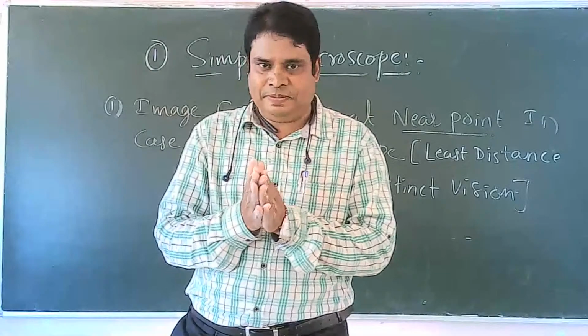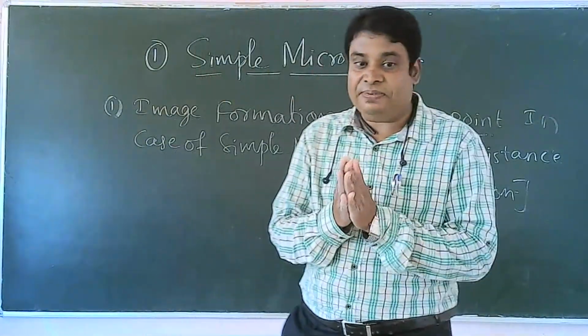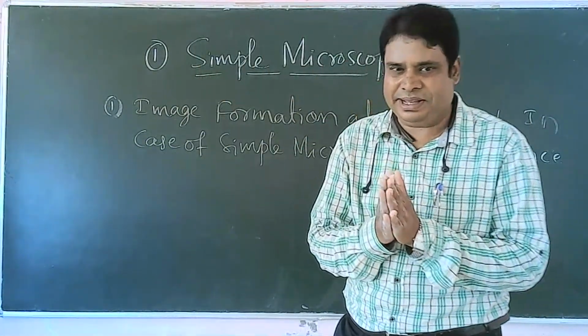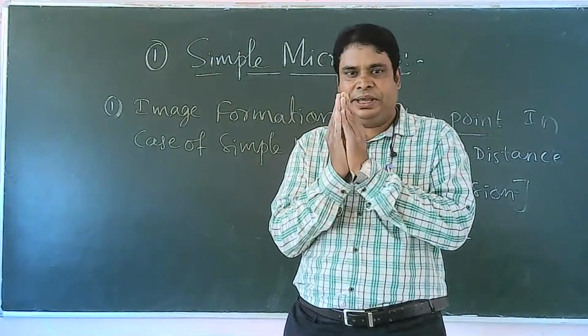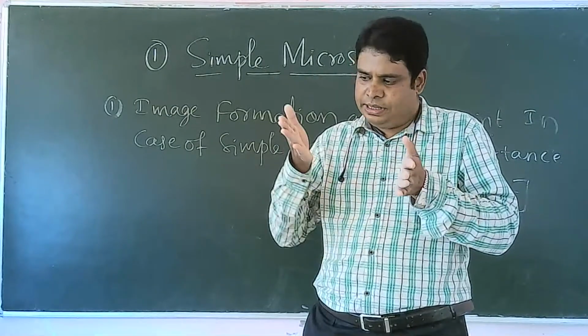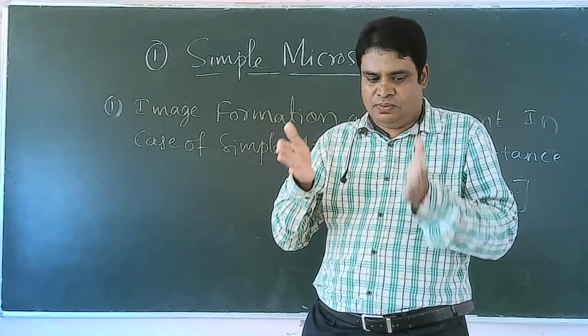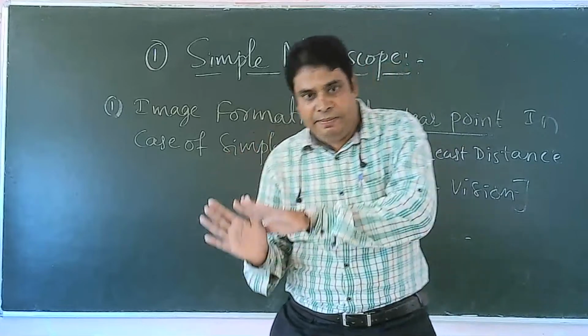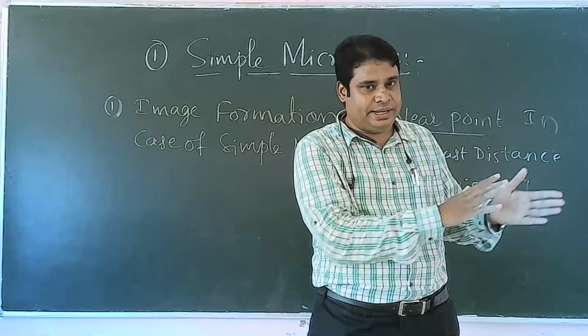When an object is placed in front of a convex lens, please listen carefully. When an object is placed in front of a convex lens between focus and optical center, the image is formed on the same side.